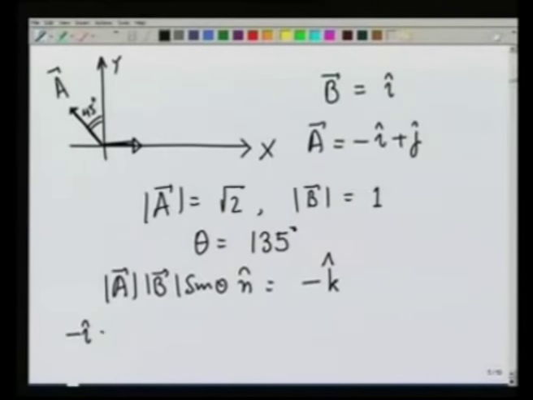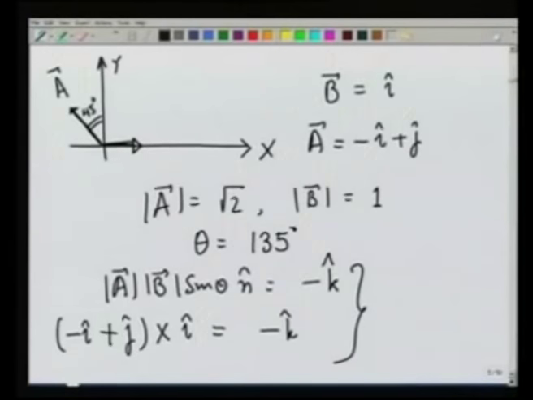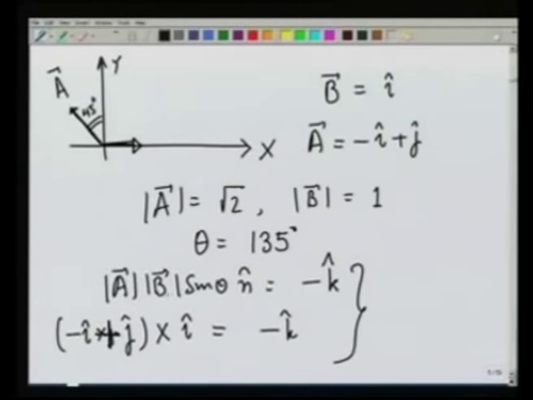In that case, A cross B would be minus i plus j cross i. i cross i is 0 and j cross i is minus k. So, you see both give you the same answer. Now, I want to demonstrate to you that A cross B gives you a vector that is perpendicular to both A and B.